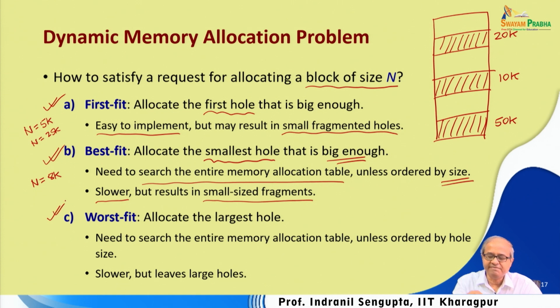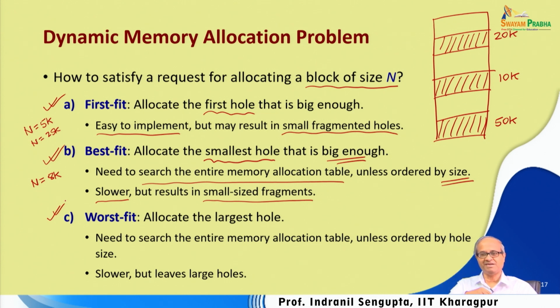The last alternative is just the opposite of best fit. You allocate the largest hole every time. Do not try to use the best fit, allocate the largest hole. The motivation is that the largest hole may be big enough, and if you allocate to it, the remaining space will still be big enough to use for some other purpose. But the thing is that you are not utilizing the smaller holes in this method.